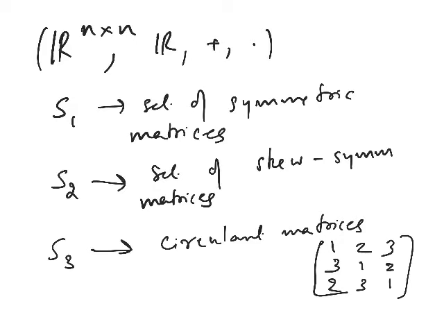S1 and S2 both subspaces, fine. Whoever has figured out that these are subspaces, find out the dimension. N into n plus 1 by 2. From where did 3 come? I want the dimension for n cross n.